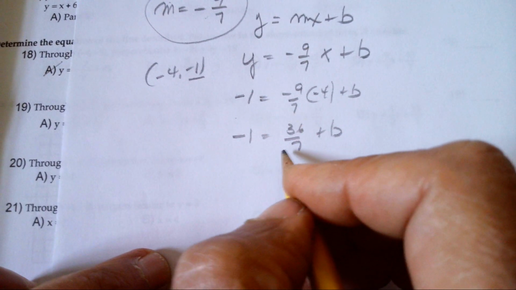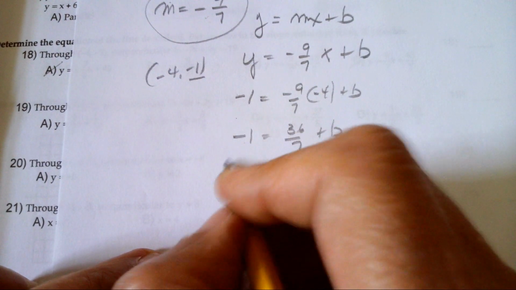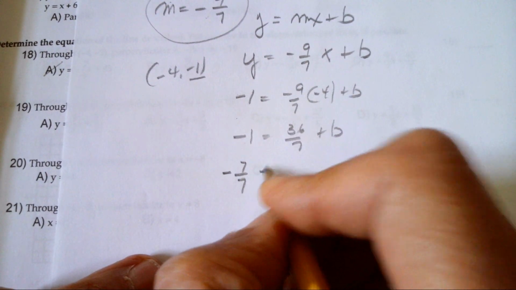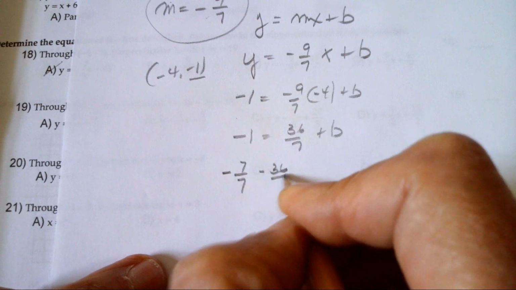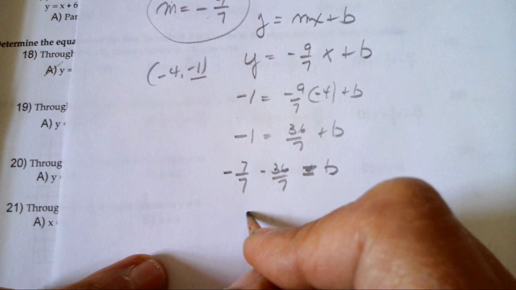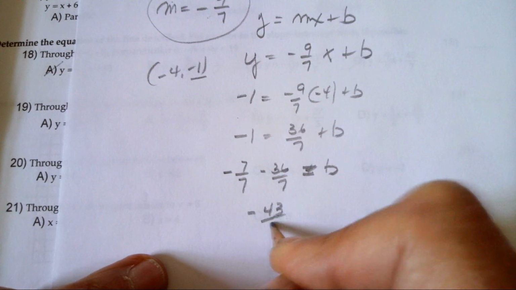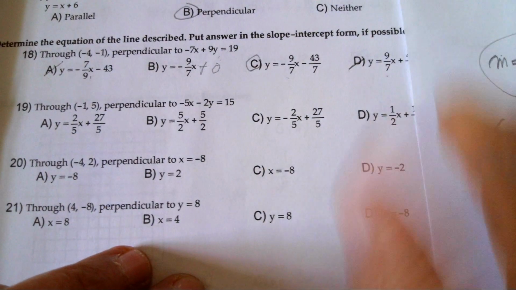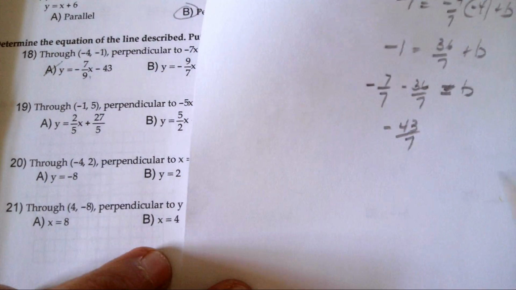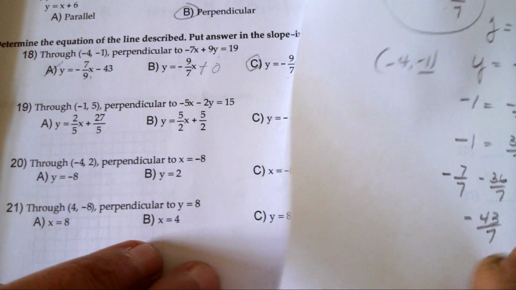If I subtract 36/7 on both sides, negative 1 would be negative 7 over 7, and this would be negative 43 over 7. But I had an idea with letter C, it wasn't B.